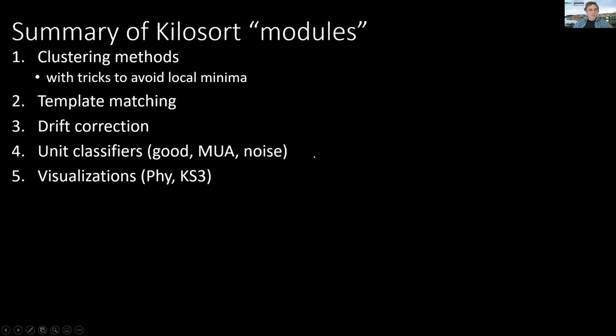Finally, there are all these post-processing steps I wanted to introduce. One of them is having unit classifiers that tell us if a unit is good or not. Some other ones I've told you about are post hoc merges and splits, which mimic to some extent the operations you would do yourself when you go and refine the data in, let's say, Phy, which is the main visualization that has been developed alongside Kilosort by Cyril Rossant for a number of years.